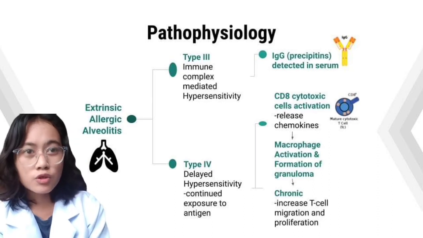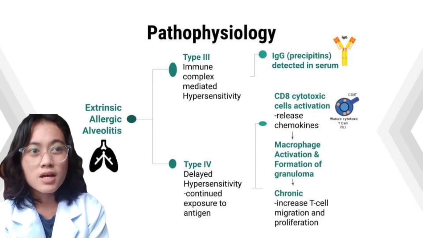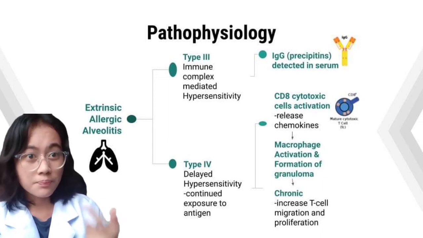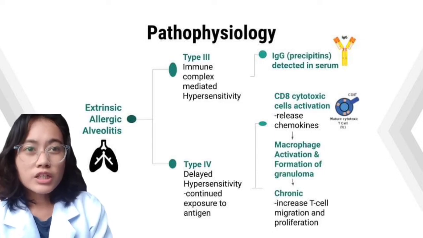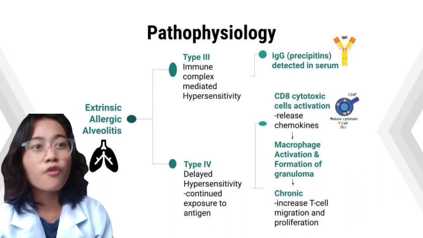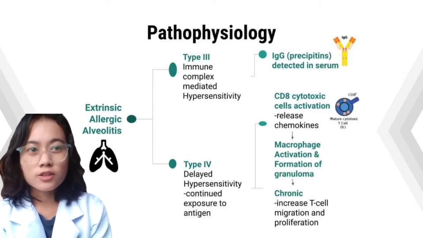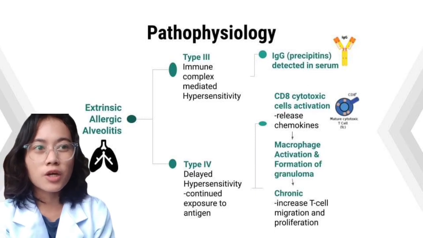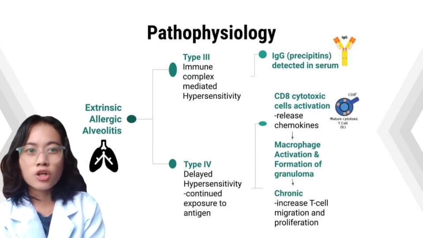Hence, in acute HP, high titers of specific IgG antibodies, or precipitins, can be detected in the serum. Continued exposure to the antigen shifts into a delayed type 4 hypersensitivity. It activates CD8 cytotoxic T cells, releasing chemokines that result in macrophage activation and granuloma formation.